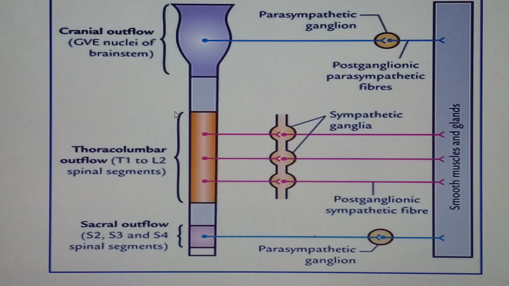Those are in the thoracic and lumbar region. What nerves precisely form this thoracolumbar outflow? It is everything from T1, all the way to the 1st and 2nd lumbar nerves. So T1 to L2 nerves will form the thoracolumbar outflow. These are some questions that you can be asked, so my friends, you have to understand all these things very well.